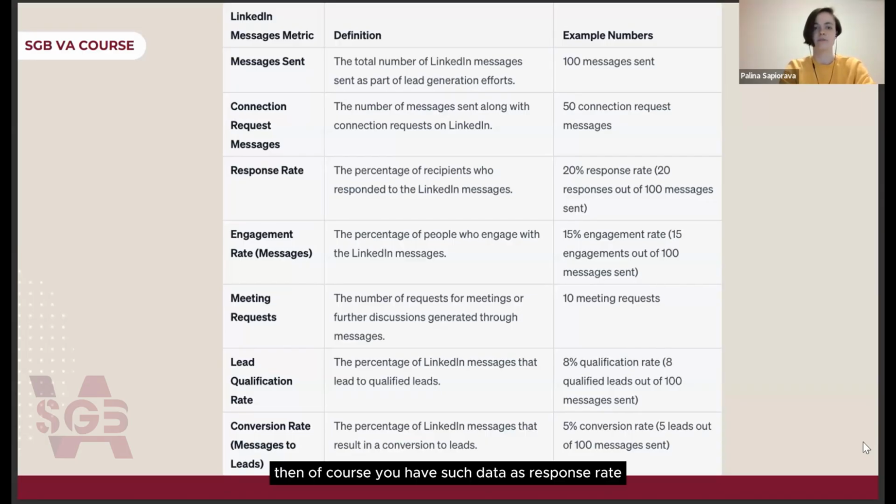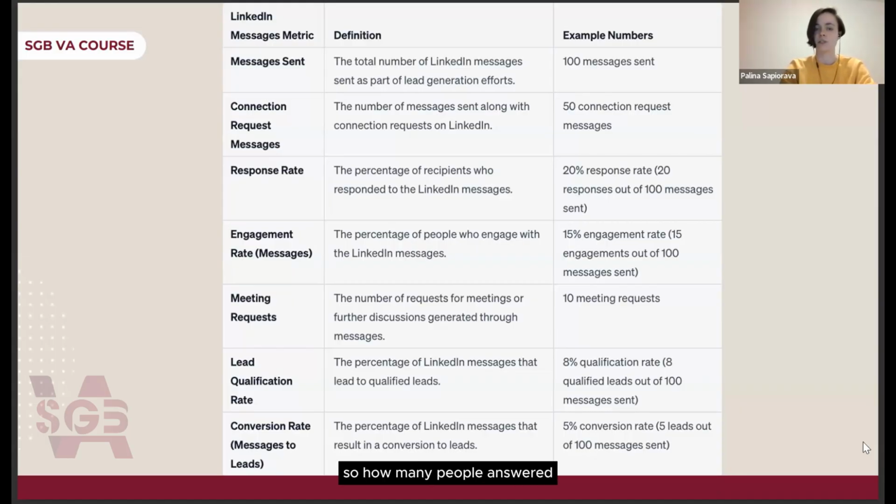Then, of course, you have such data as response rate. So how many people responded to the LinkedIn messages, or how many people engaged with the LinkedIn messages. And of course, the metrics about answers.